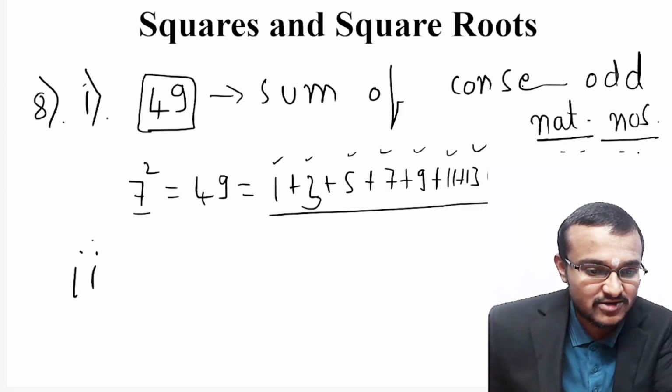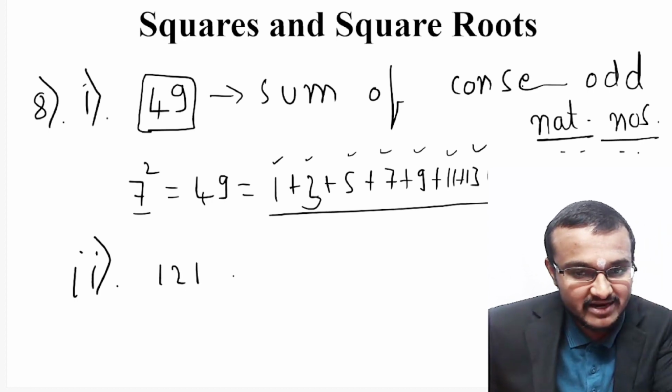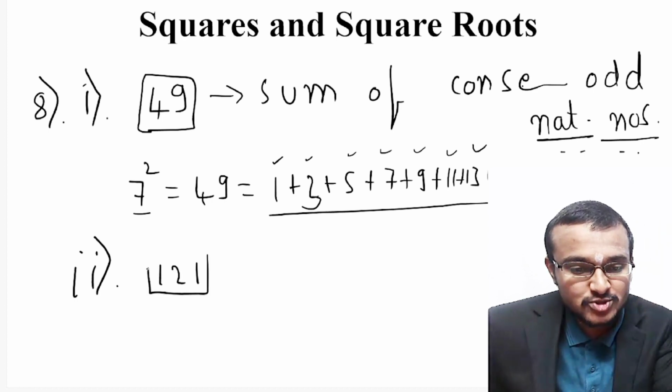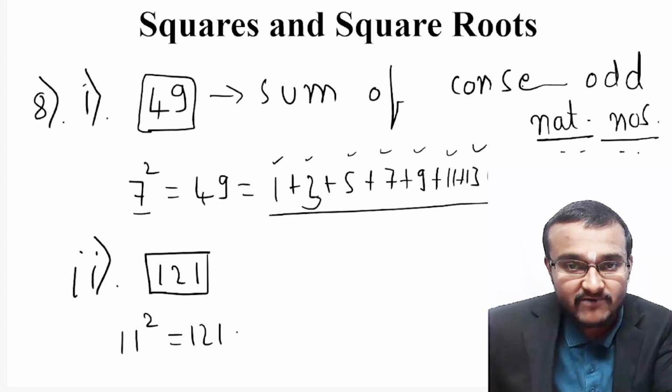Coming to the second question in this 8th question, they have given 121. So this 121 is also a perfect square. The square root of 121 is 11, so 11 square will be equal to 121.